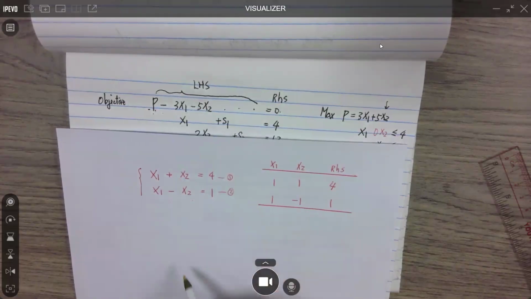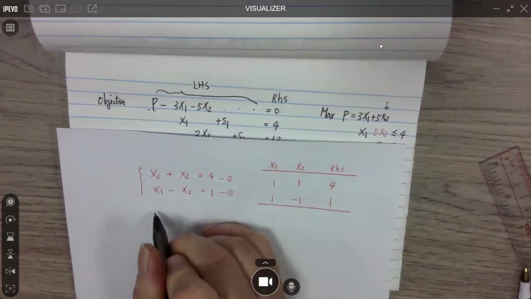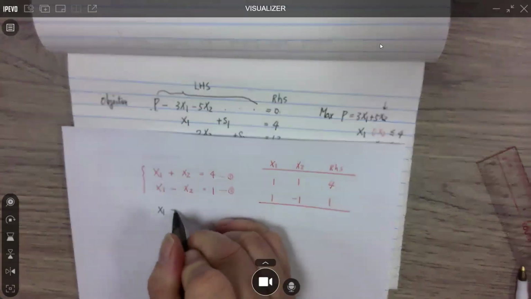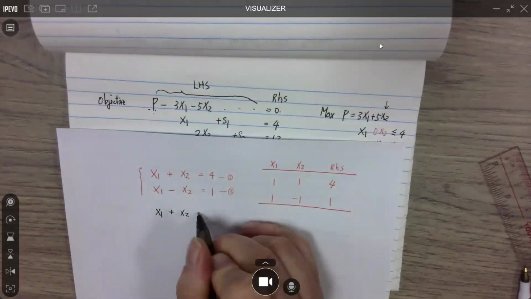That is to say, I still keep equation 1 the same: x1 plus x2 equal to 4.